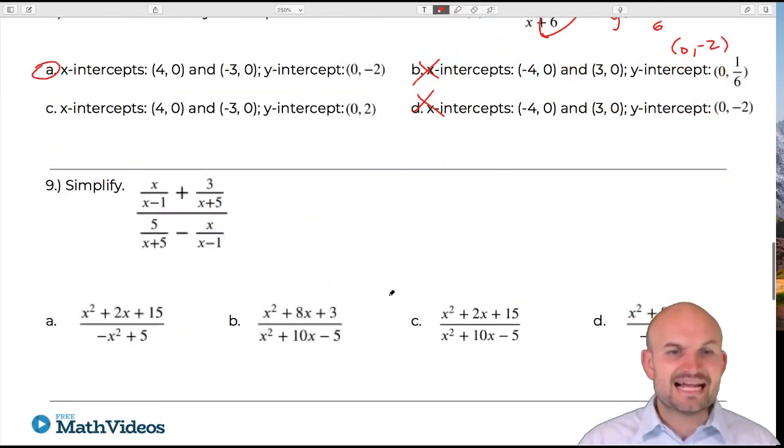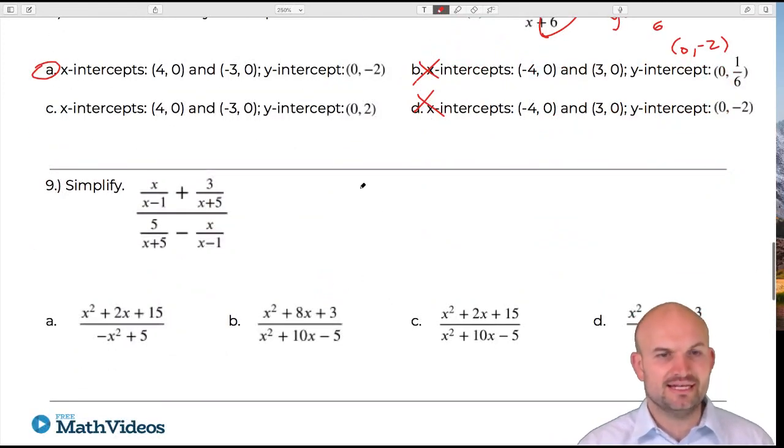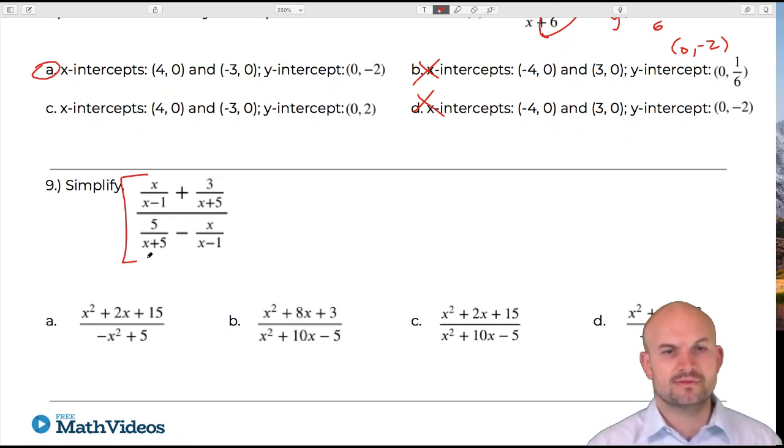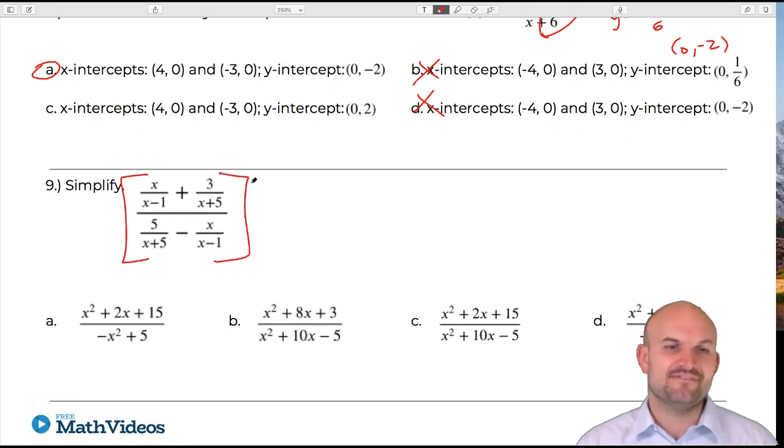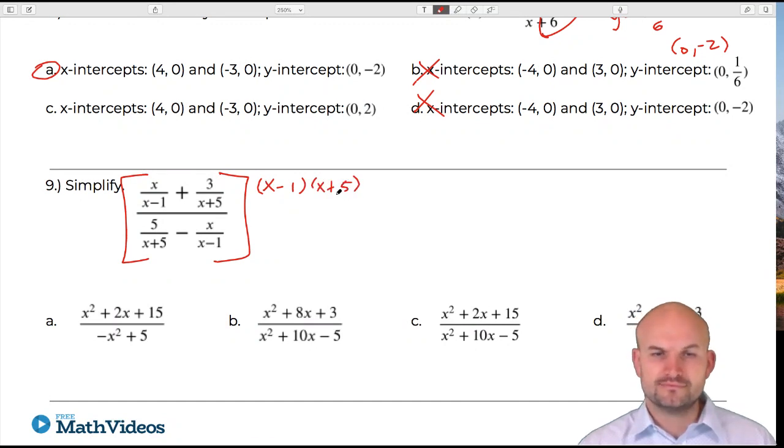All right, and last but not least, guys, is another simplifying complex fraction. So again, I'm going to identify the LCD, which in this case is just going to be x minus 1, x plus 5. Okay, I'm going to multiply every single term times that.